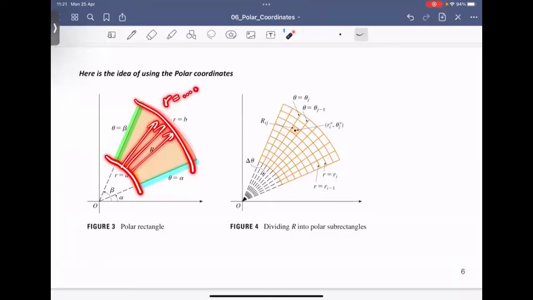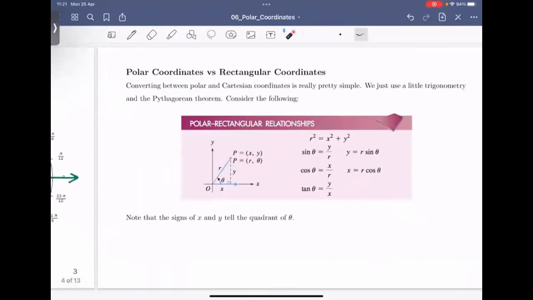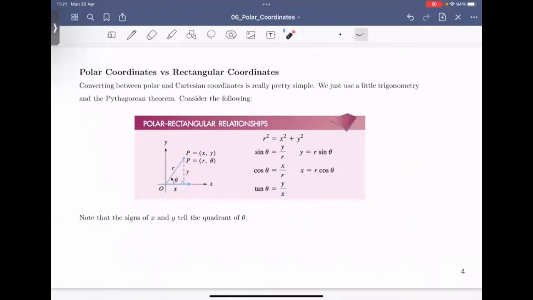So you need to learn how to switch x squared plus y squared equals 4 to an equation in polar coordinates first, which means you need a relationship between x, y, r, and theta. If you know the relationship between x, y, r, and theta, everything is going to be solved. So let's start by looking at that relationship.